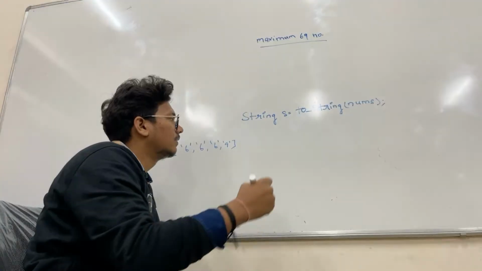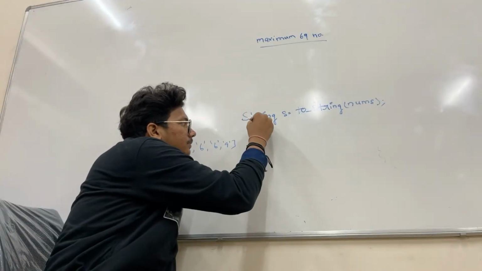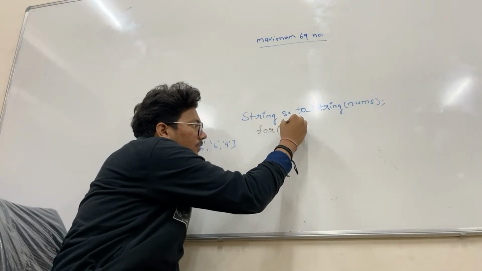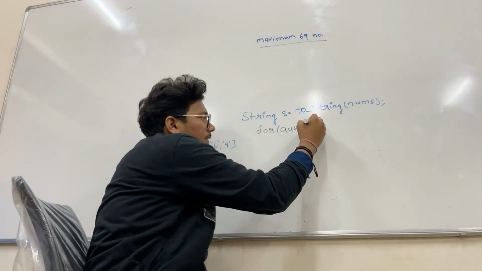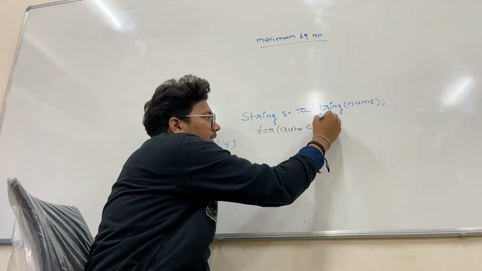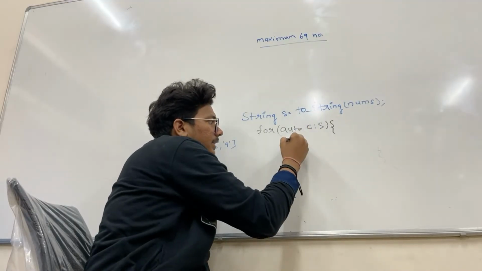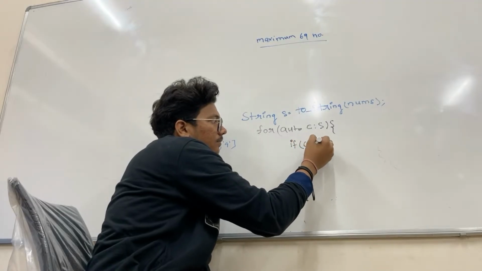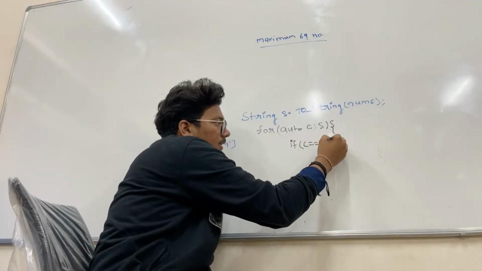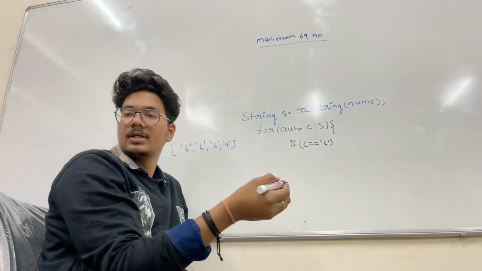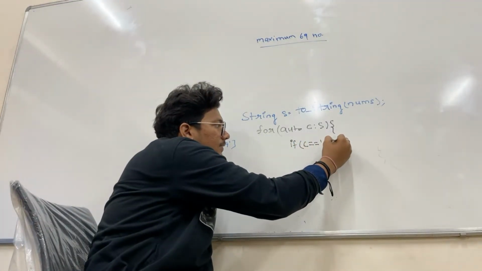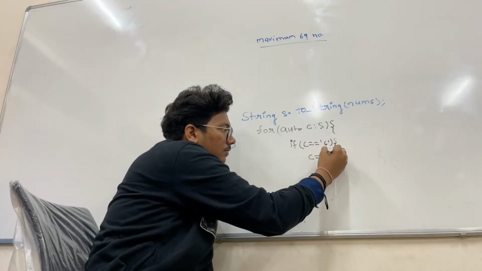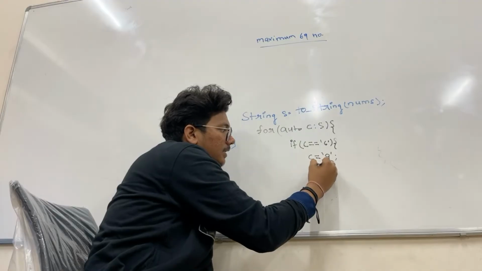So now we run a loop: for auto c in s. If c is equal to 6, then we convert that into 9, so we write c is equal to 9 and break.